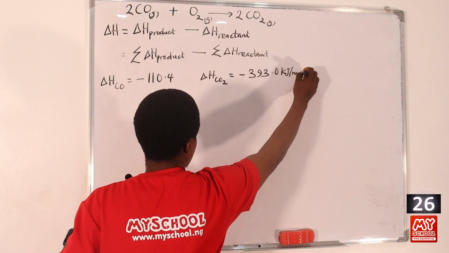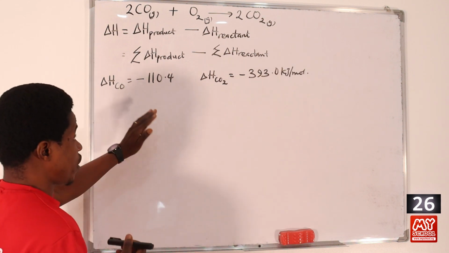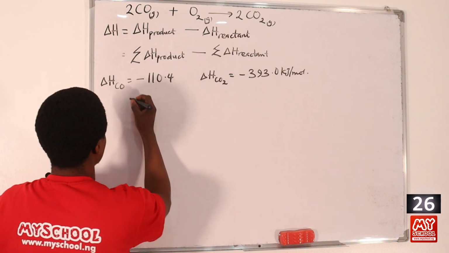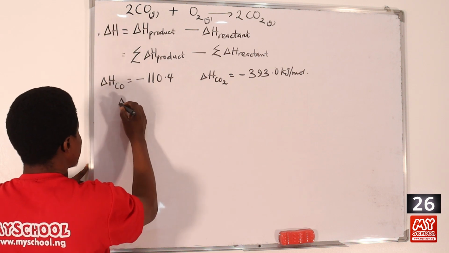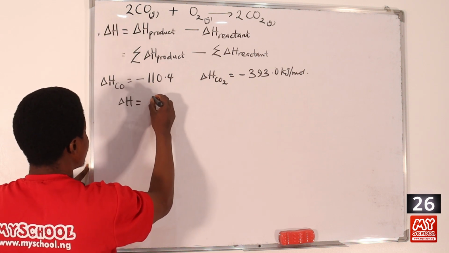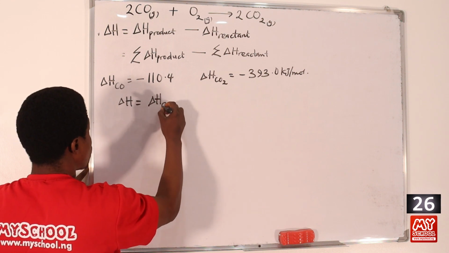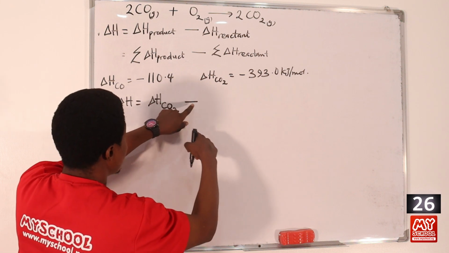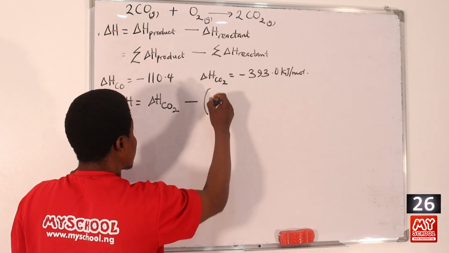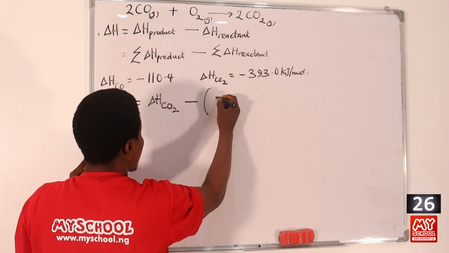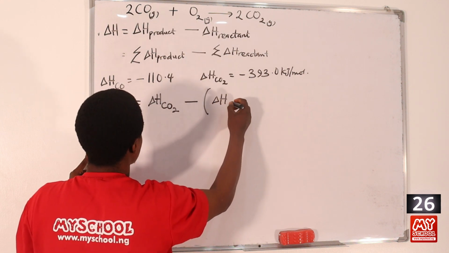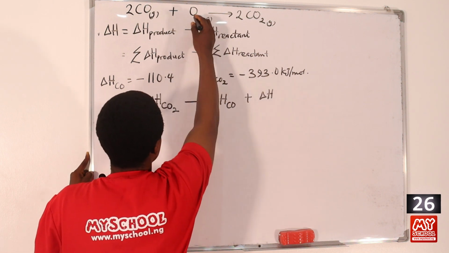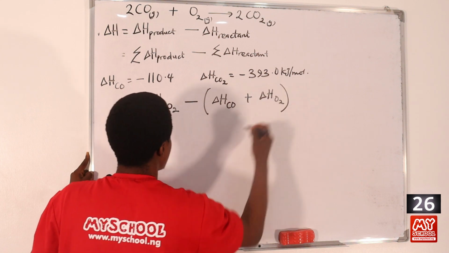So if we are to solve this question, the product here is CO2, so I'm going to write ΔH equals ΔH of product, which is CO2, minus, in the bracket now because we have 2 reactants here, ΔH for CO plus ΔH also for oxygen, O2. So we have this on this side.